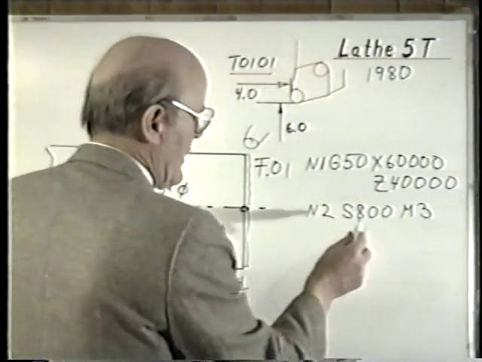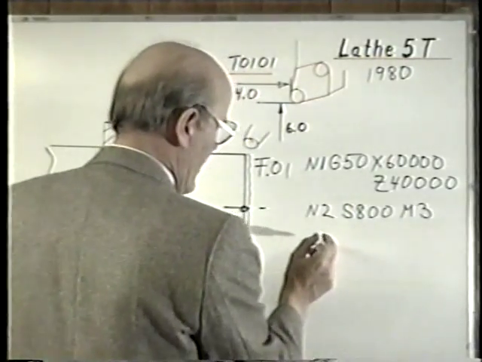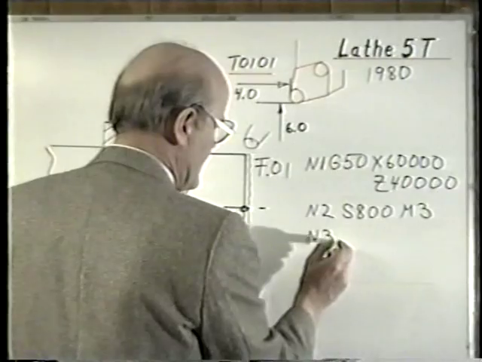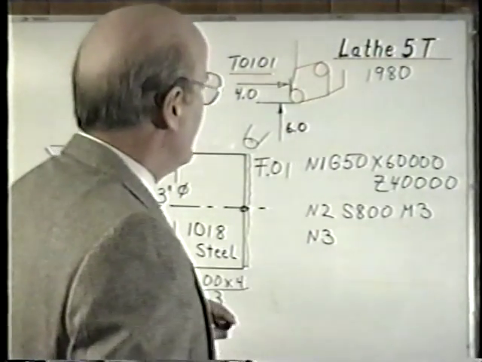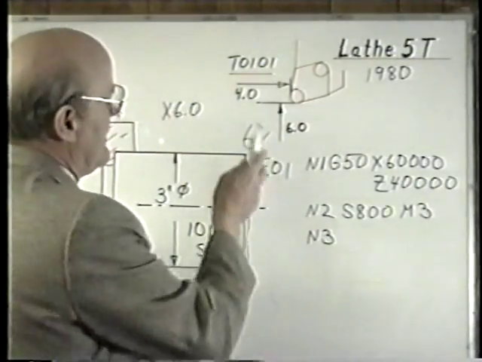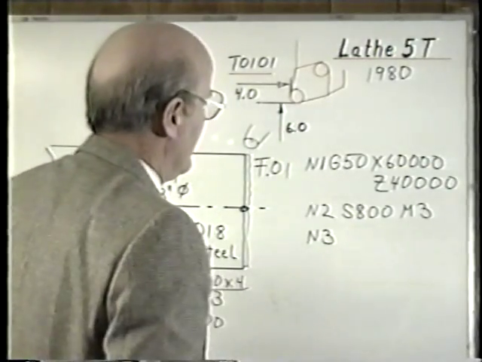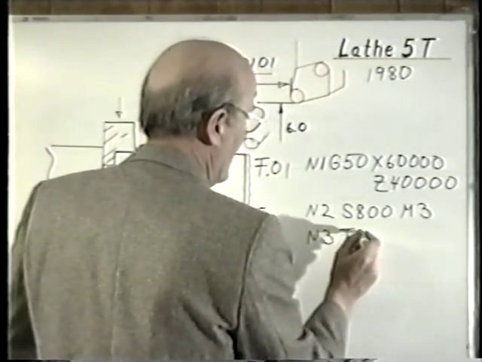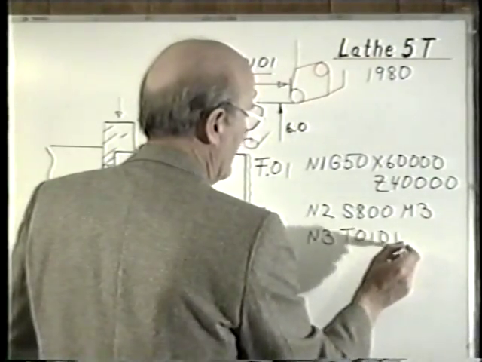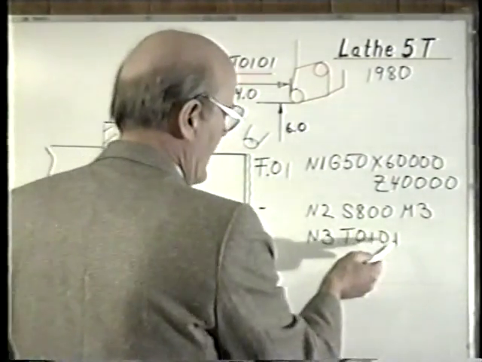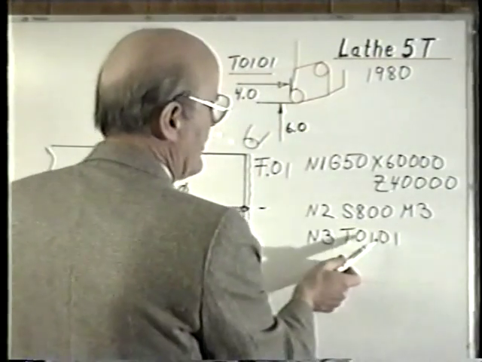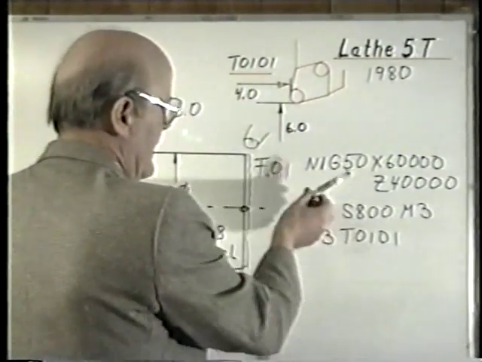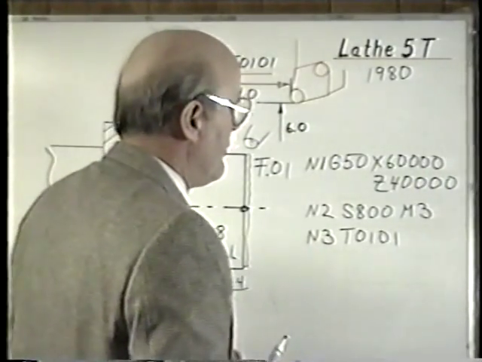Into this line we could also put our tool number, or after we start our spindle, we would just give our tool number by itself. And the tool number would be programmed just as it is today by just giving the actual tool number. This number here, T0101, would call for tool number 1 along with tool offset number 1. And the order in which these are given is not that important.